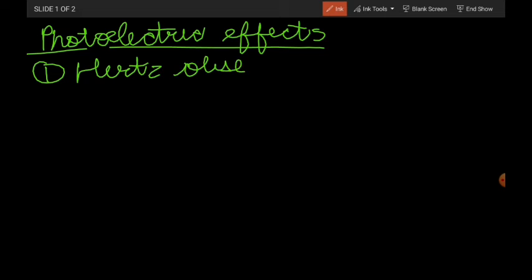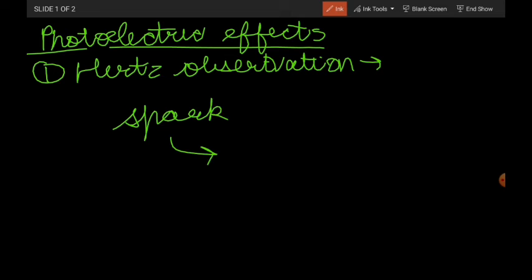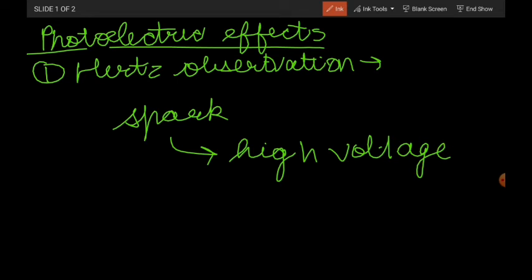When Hertz observed a detector loop, when we passed some sparks, basically high voltage waves, these sparks were produced.